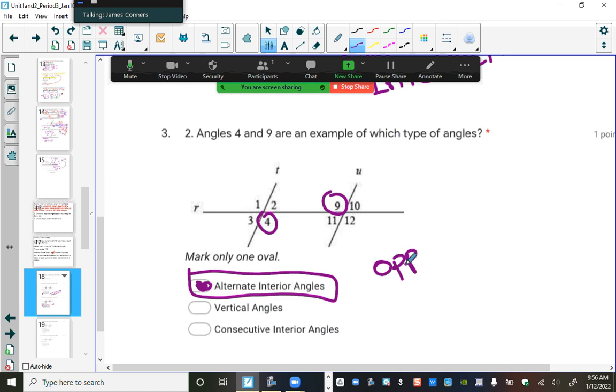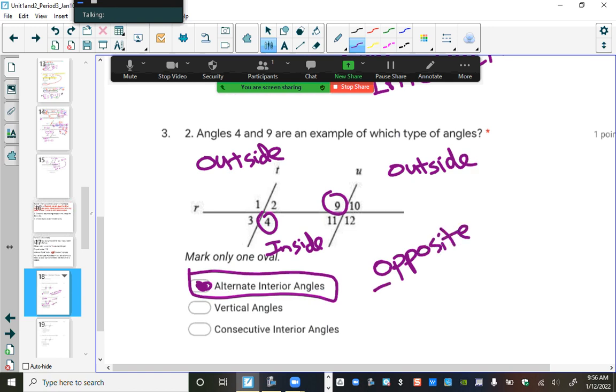Remember, you have outside, inside, and back outside. Opposite, inside. All right, so far, any questions?